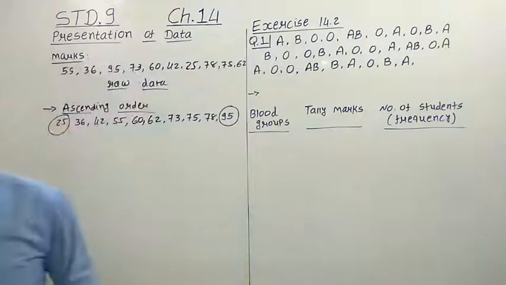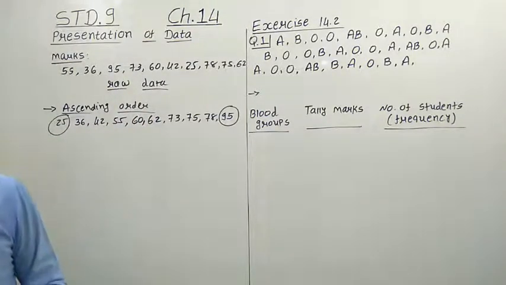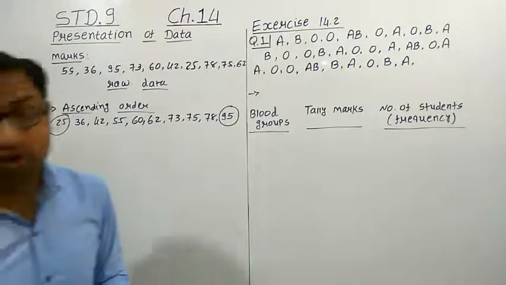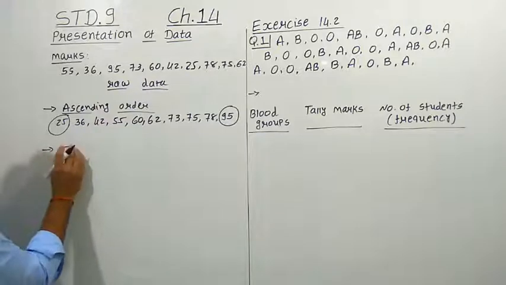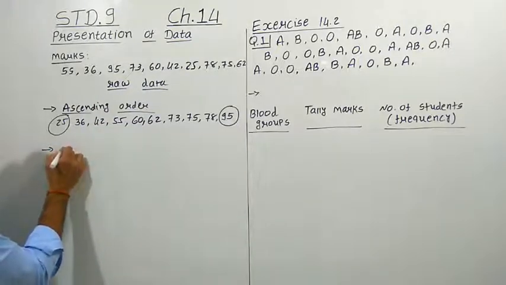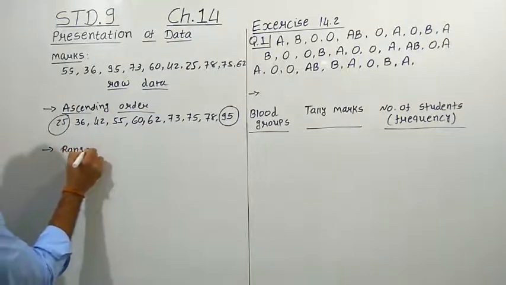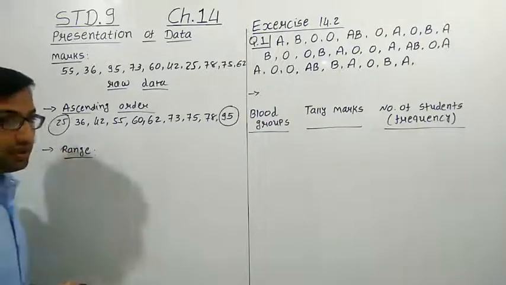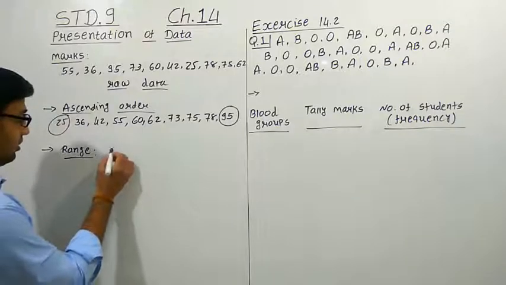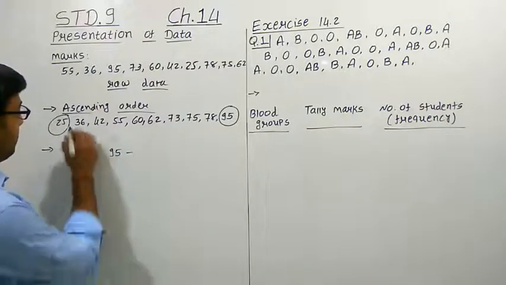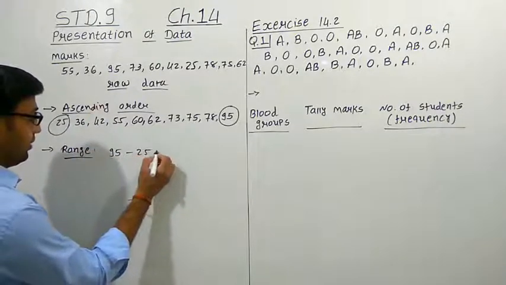One more thing we have to consider is called the range of the data. What is the meaning of the range? Range means maximum mark, here 95, and minimum mark, here 25.